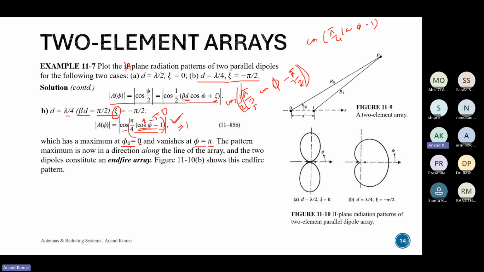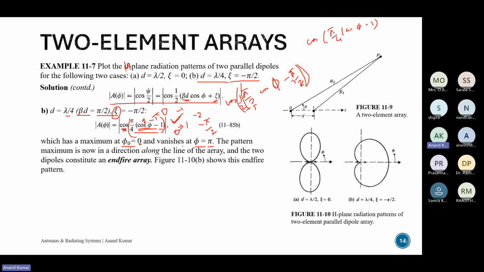Cos pi gives us minus 1. So minus 1 gives us minus 2, and this pi by 4 into minus 2 gives us minus pi by 2, and cos minus pi by 2 gives us 0.